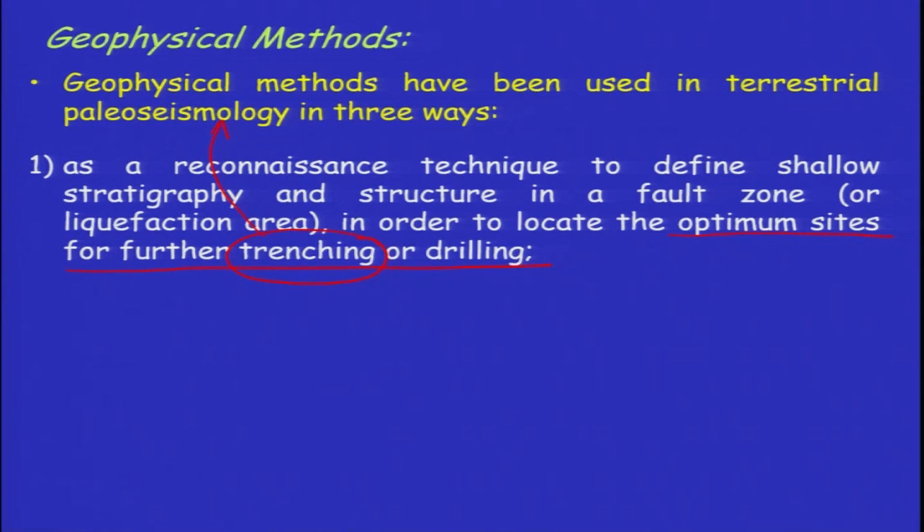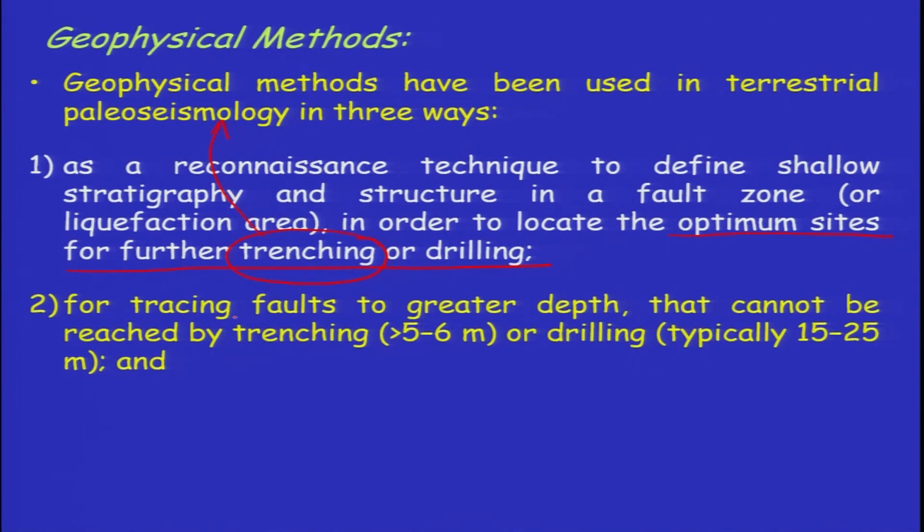The next one is that we usually do the geophysical survey to reach greater depth, because with trenching you may not be able to reach greater depth. By trenching you can go maximum 5 to 6 meters, and drilling up to 15 to 20 meters, but with geophysical techniques you can go deeper to identify the fault trace.